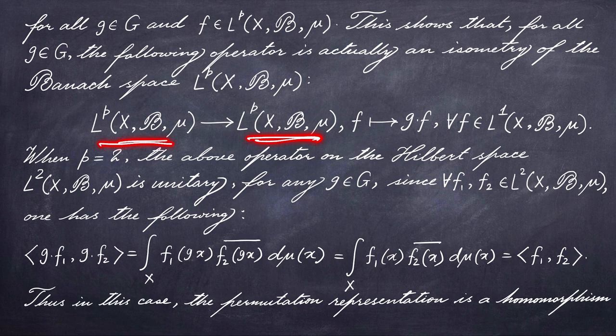This can be shown as a vector space. If you have not seen that the LP spaces are vector spaces, then I think you will see them very soon in your analysis course. LP spaces are vector spaces, and in fact not only vector spaces, they are normed linear spaces, and because of the completeness with respect to the LP norm, these are Banach spaces.